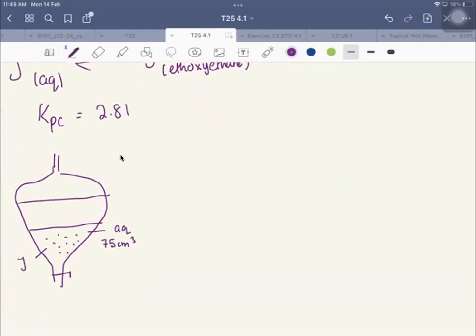I have J and that is 5 grams of J. My ethoxyethane is 10 cm³ and that is my ethoxyethane layer. I don't have any solute, 0 grams, okay?